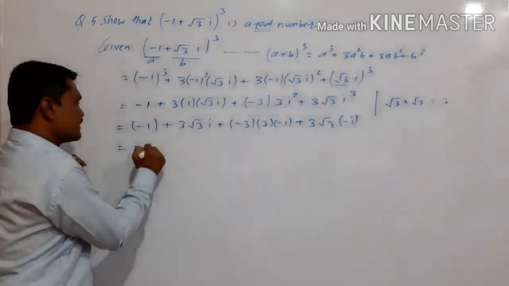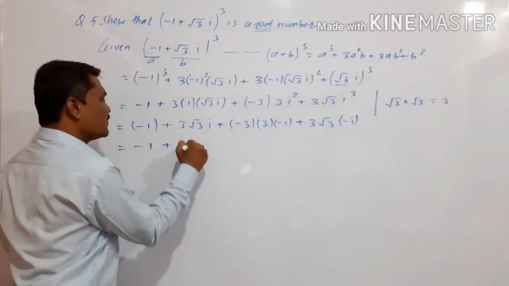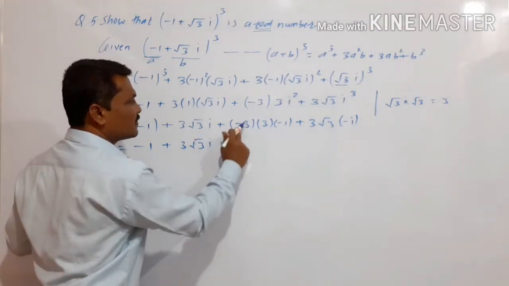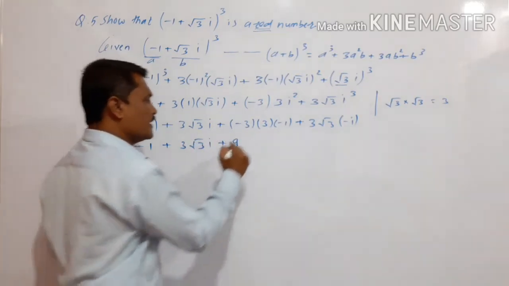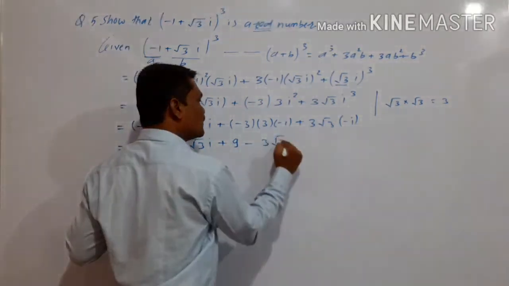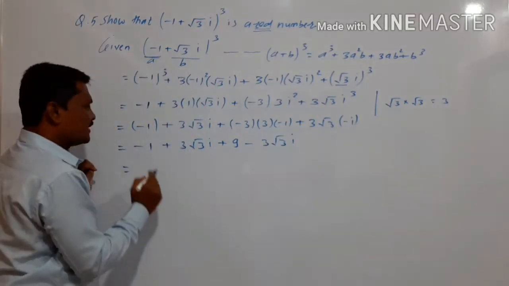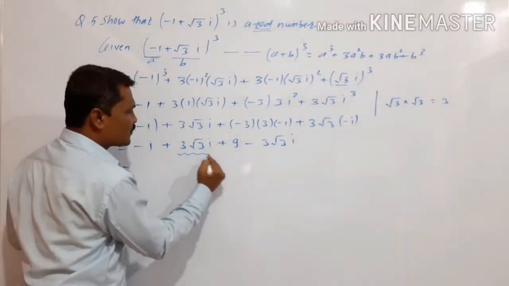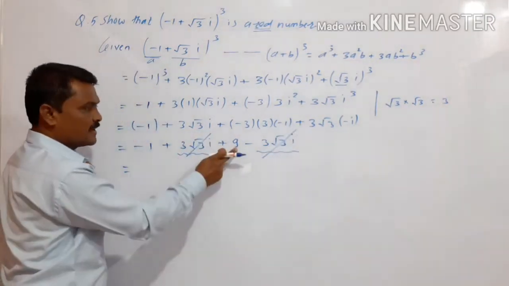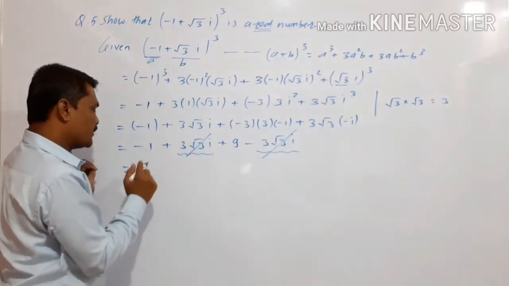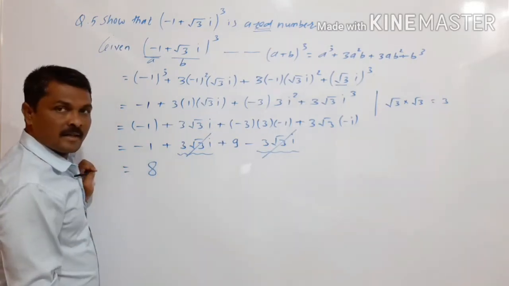Now simplify: -1 + 3√3i, minus minus becomes plus, 3 into 3 is 9, and minus 3√3i. Then 3√3i and -3√3i get cancelled. Positive 9, negative 1, it becomes 8.